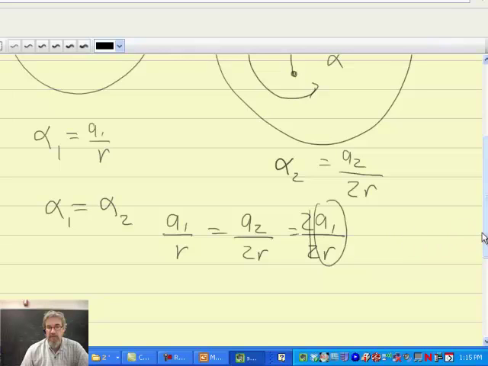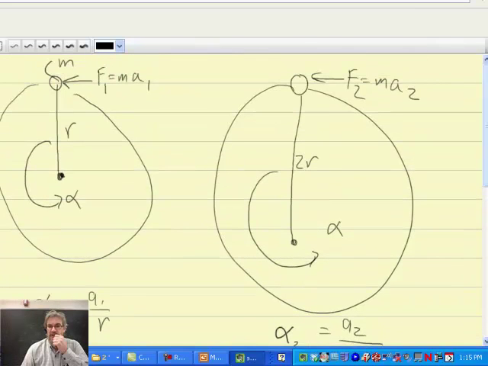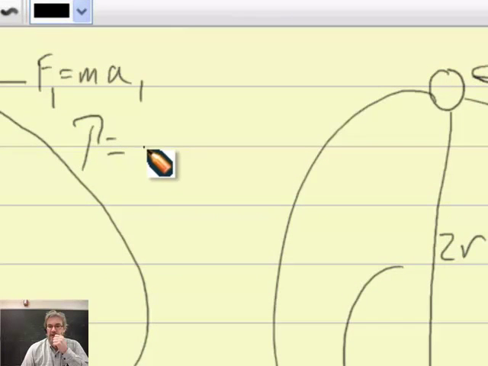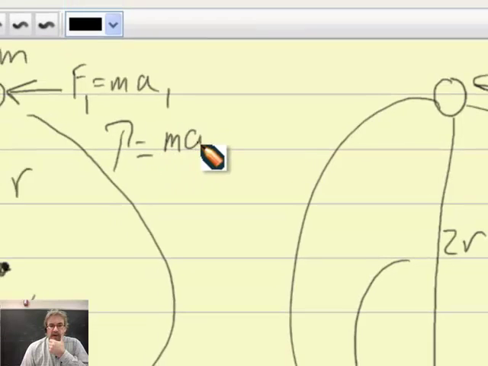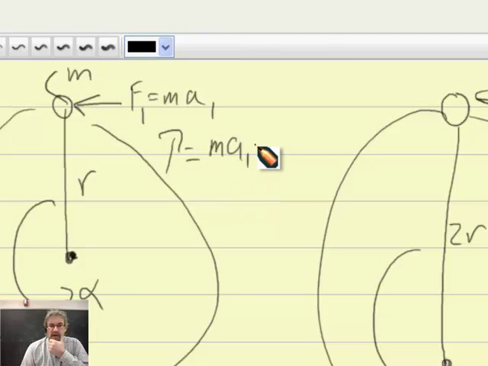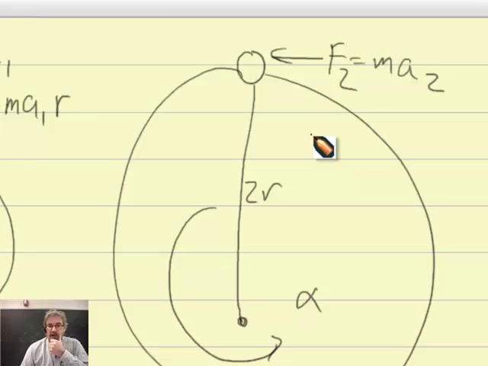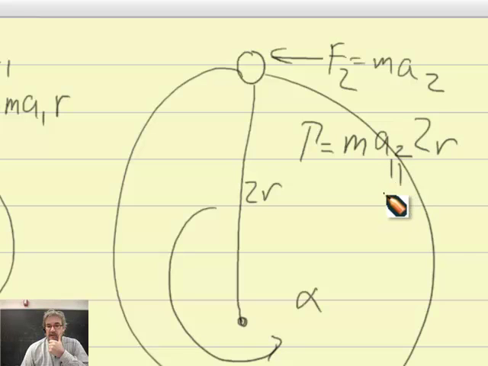So let's go back up here and look at the torque that would be needed. Here, torque would be equal to M times A1, that's force, times the lever arm, which is R. Here, the torque would be equal to M times A2 times 2R. But remember, A2 is equal to 2 A1s.